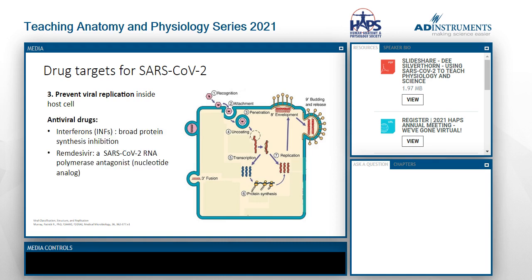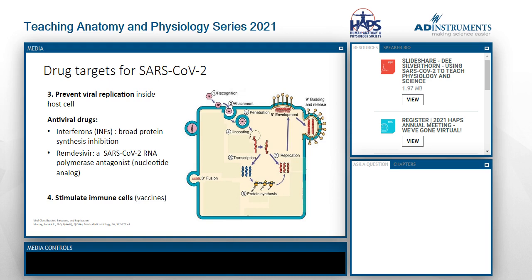And as I said, I don't teach immunology or virology, so I sort of go generally over this part, but basically anything you can do to interfere with transcription and translation is going to help prevent the viral reproduction. So the interferons that are part of our innate immune system are going to be protein synthesis inhibitors, and then remdesivir, which is our approved antiviral, helps prevent the replication of the RNA.